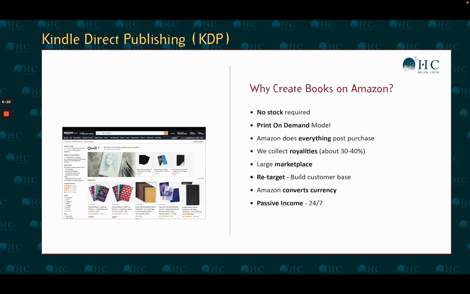So you've got an existing customer who loves you, already has bought from you and loves your work. So you can retarget them to sell them more of your products, your books. And great thing is you don't have to worry about converting currency if you're selling on a global stage. It's also passive income. You create a book, you upload it, and it's there to be bought 24/7.